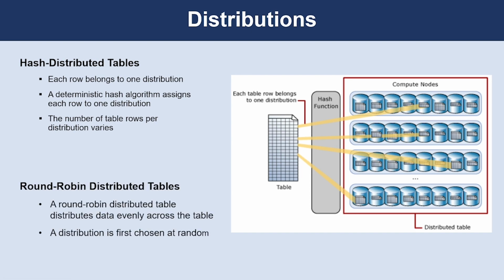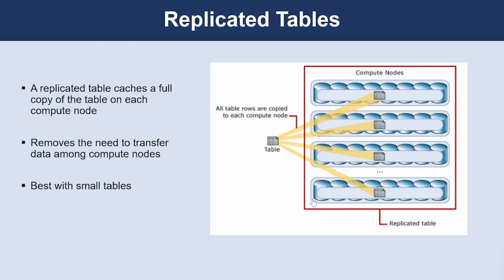A round-robin table is the simplest table to create and delivers fast performance when used as a staging table for loads. A replicated table provides the fastest query performance for small tables. A table that is replicated caches a full copy of the table on each compute node.